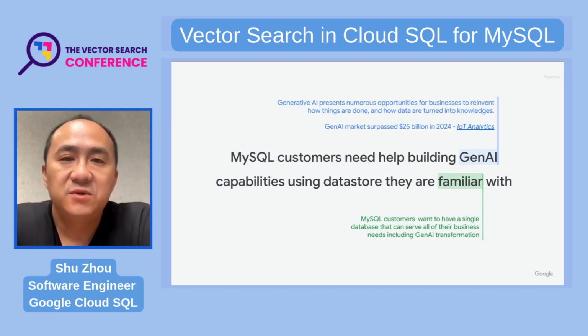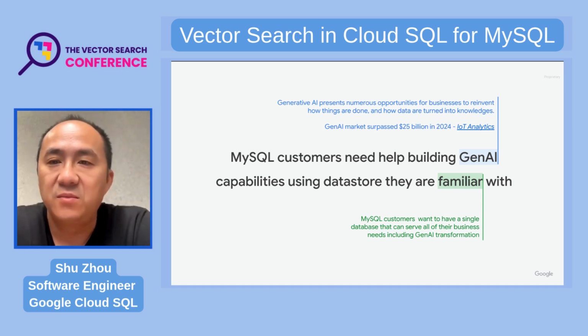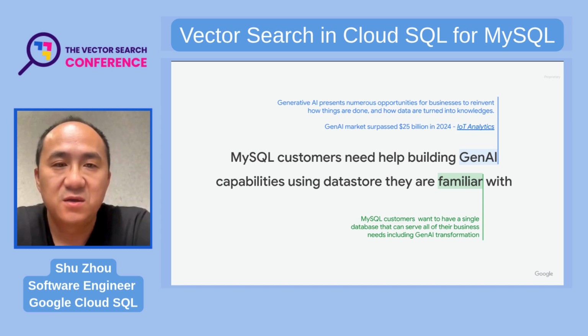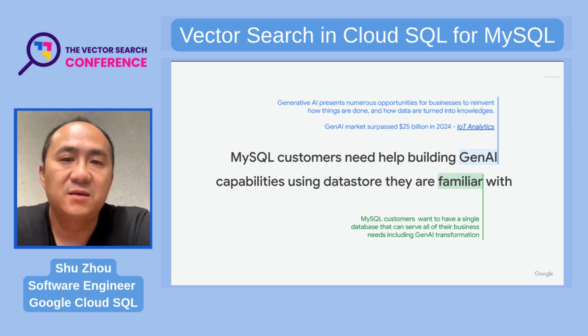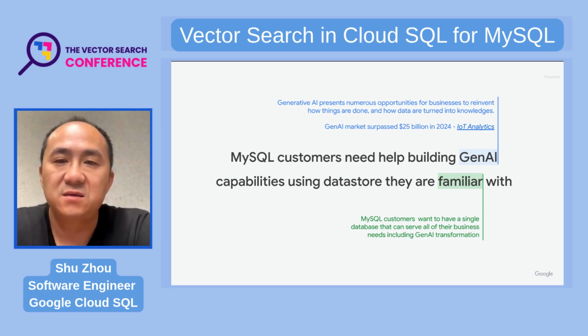As we all know, GenAI opens the door for so many opportunities to all businesses. It is now a billion-dollar market already. And what's there for MySQL customers? The ideal situation would be that our customers can access new GenAI features from the same place where their data has already been stored.